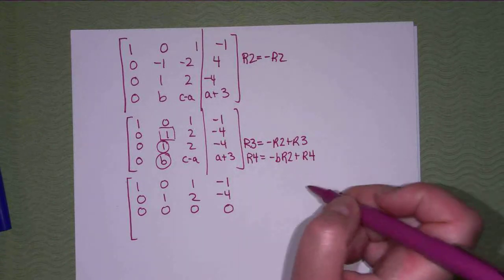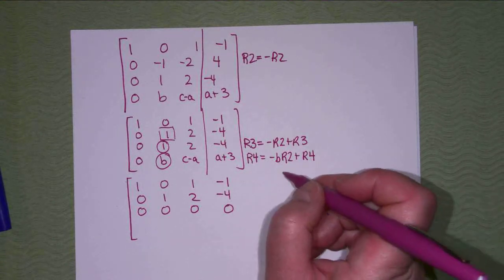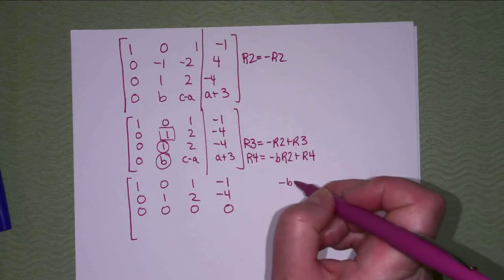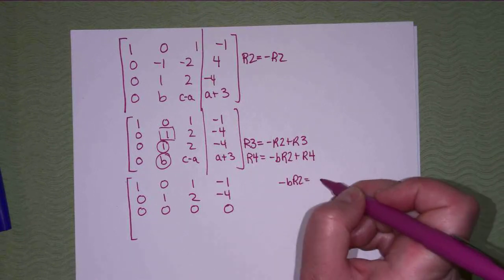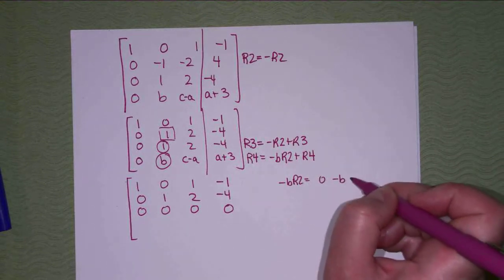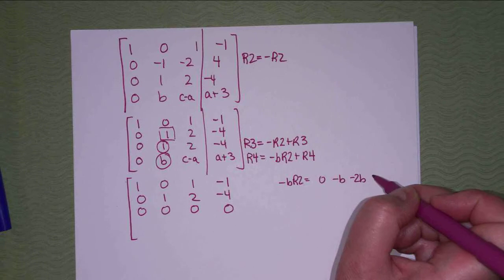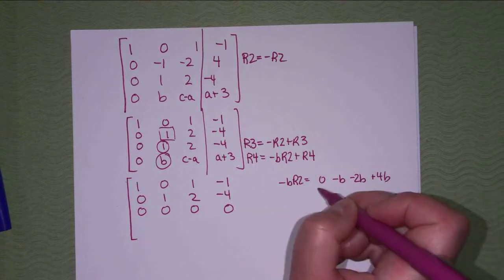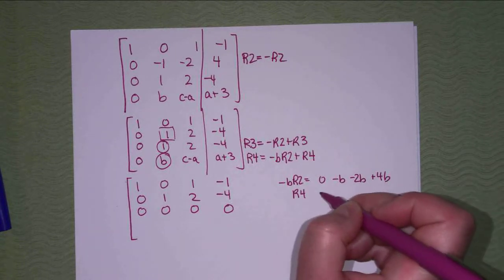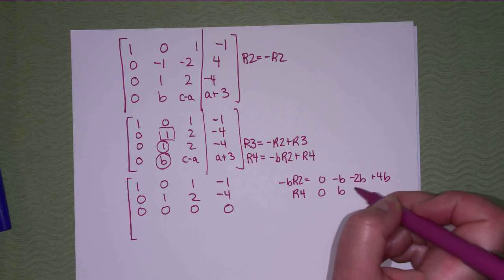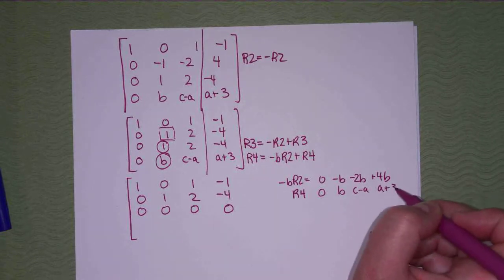All right, so you would multiply everything in row 2 by negative B and add that to row 4. And these are getting more complicated.